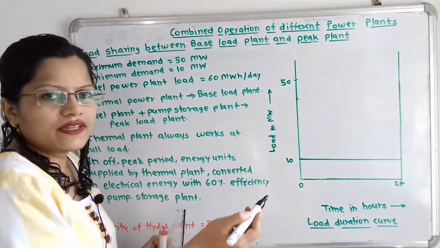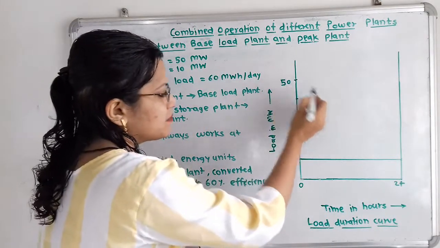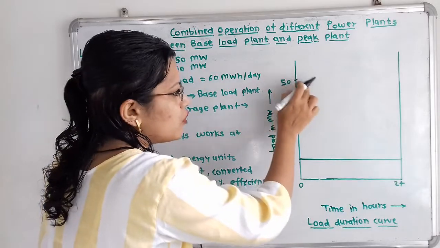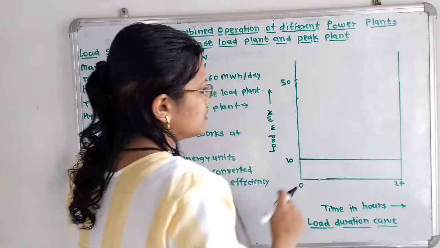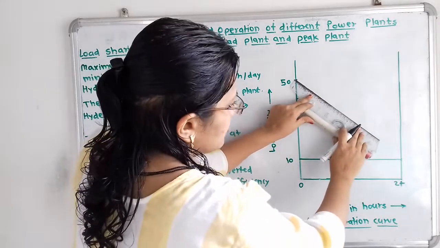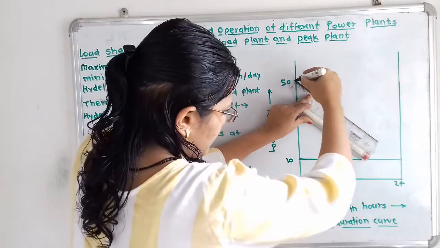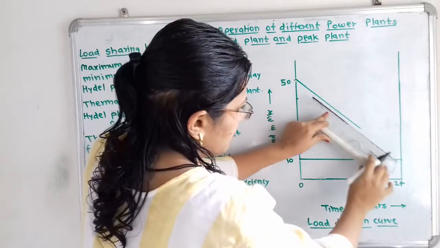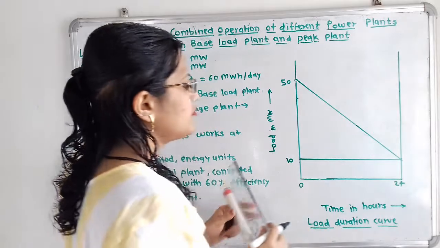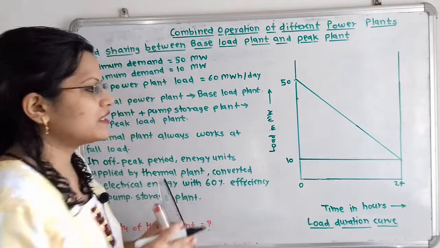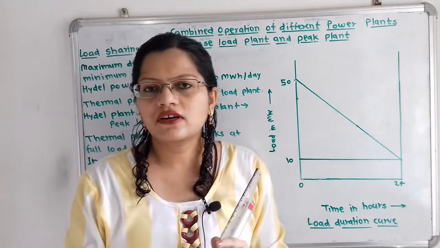Now, it is given that from the maximum load to the minimum load the curve varies linearly, so we have to draw one straight line. So this is the load duration curve.